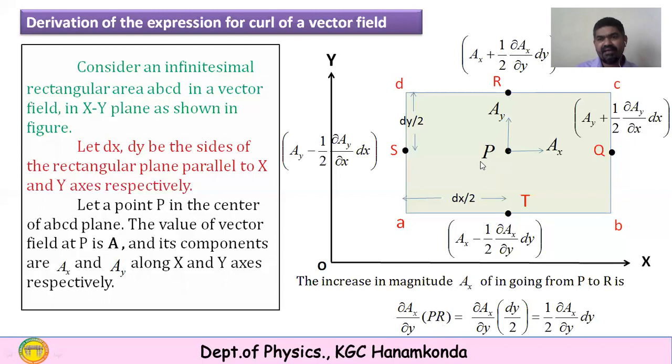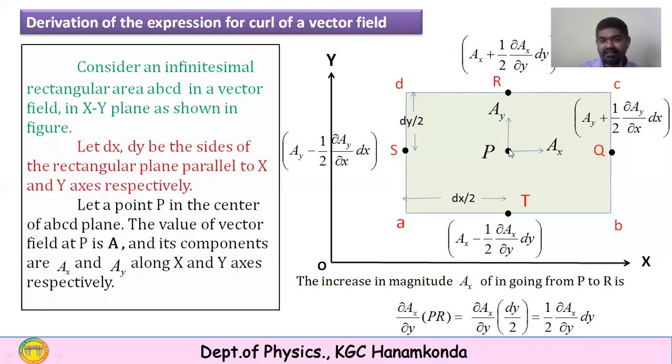Therefore, the increase in magnitude of Ax from P to R is dou Ax by dou y into PR. The rate of change is dou Ax by dou y, but I want to find the total increase along this length. The side AD is dy, so S to D is dy by 2. P to R is also dy by 2, because P is the central point of this rectangular plane.